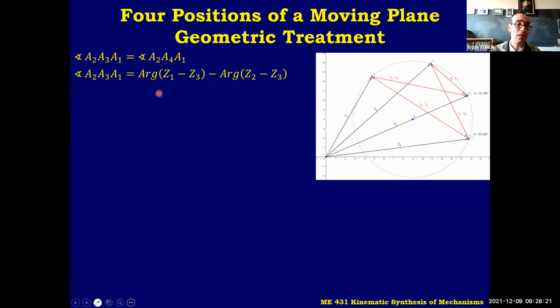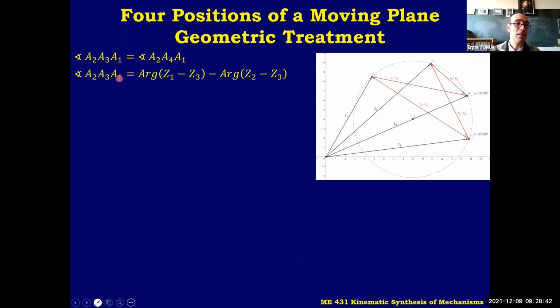Argument of a complex number is actually the angle it makes with the real axis. For example, argument of Z1 is this. Or you could say that it is a real number times e to the I theta, so theta is the argument, okay?